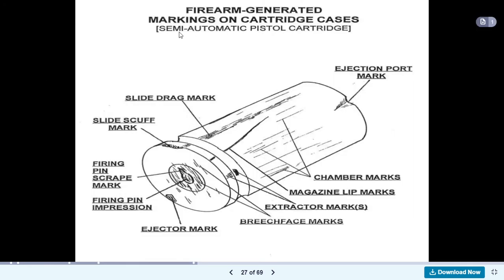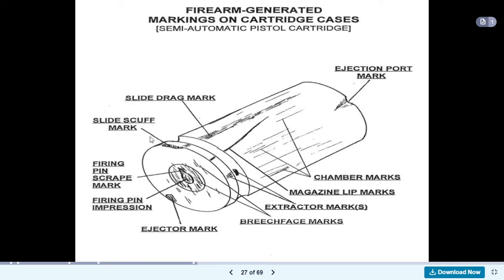So, firearm generated markings on the cartridge case, semi-automatic pistol cartridge. These are examples of marks showing where they should be seen. You see the ejector marks. So, that is where the marks of the ejector are seen. For example, breech face marks, extractor marks here. Ejector marks here. Ejection port mark, slide drag mark, here.